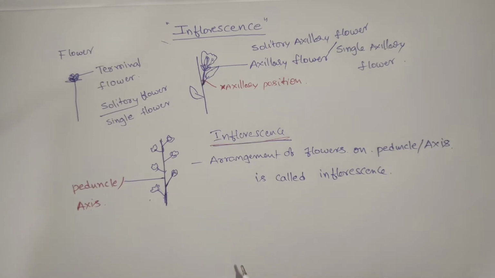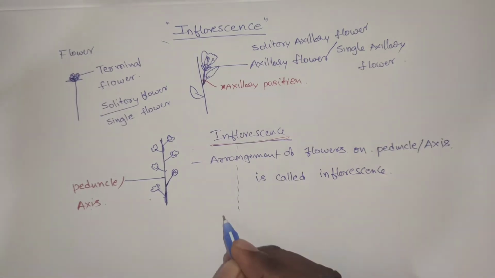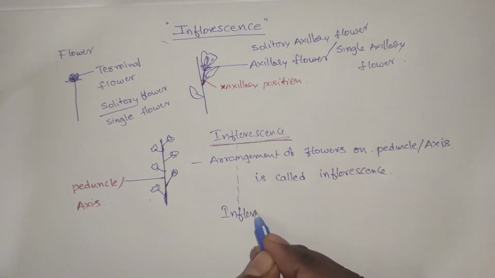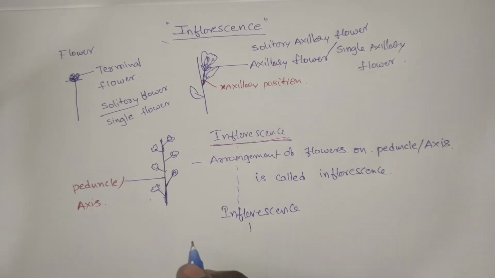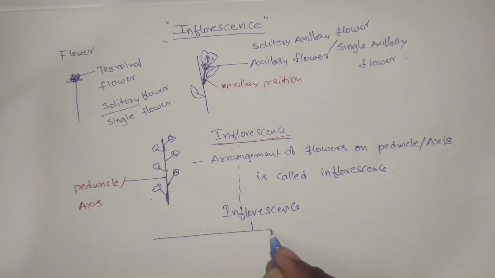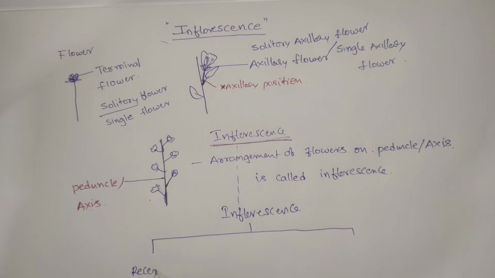So the inflorescence again can be divided into 3 types. The first one is racemose inflorescence.